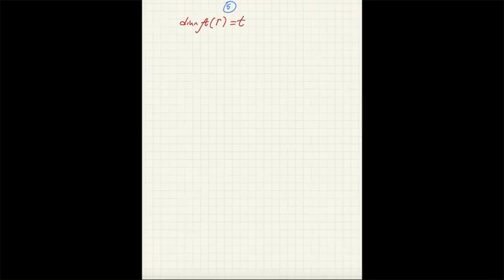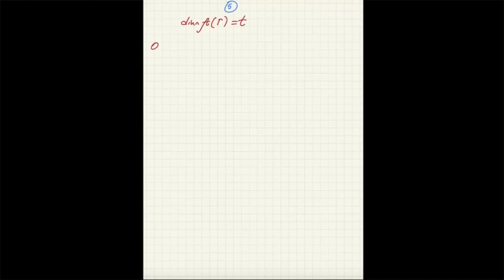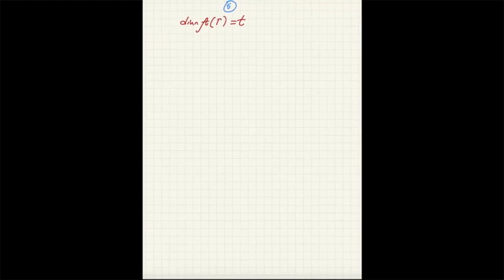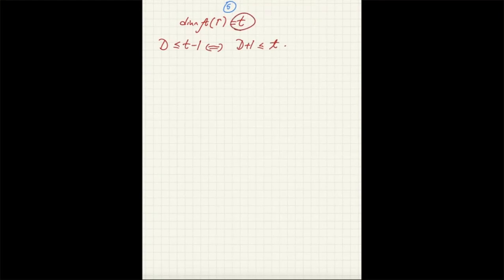Now, the result that we want to prove. Our claim is that the diameter D is at most T minus 1, which is the same thing as D plus 1 being less than or equal to T. Now, T is the dimension of A gamma, so we want to prove that D plus 1 is less than or equal to T. To prove that, we will find D plus 1 linearly independent matrices in A gamma.